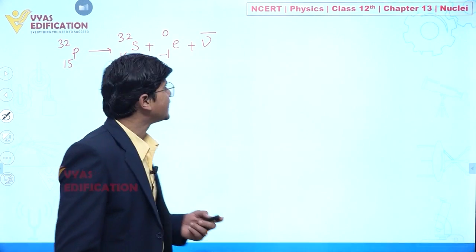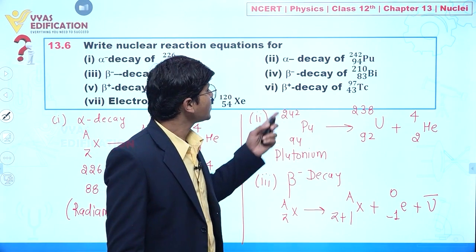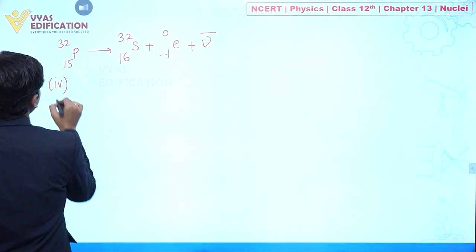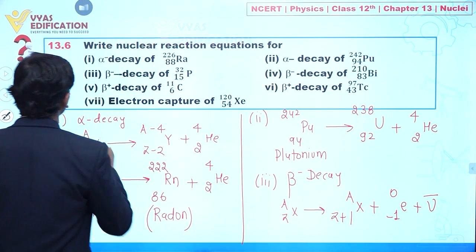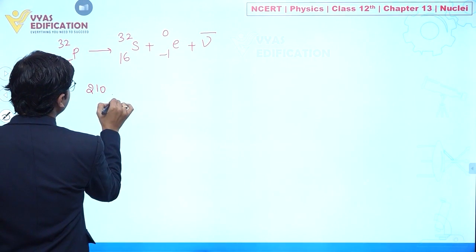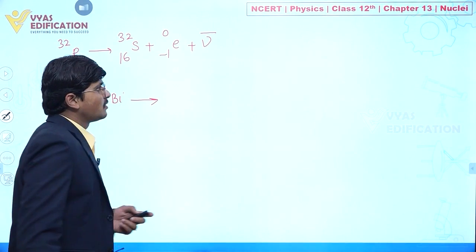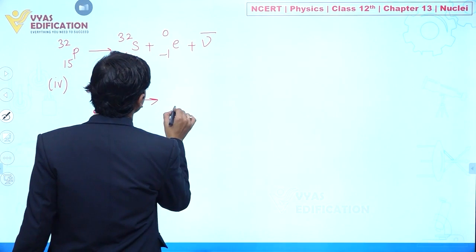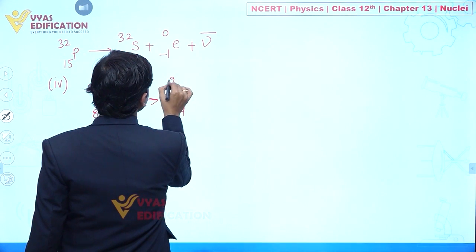Clear to everyone? Yes. Now if I talk about number 4, again we have beta minus decay. Number 4 is beta minus decay for the nuclei bismuth 210, this is 83. Now whenever I am talking about beta minus decay, definitely you can see the atomic number increases by 1, clear, and the mass number remains the same.